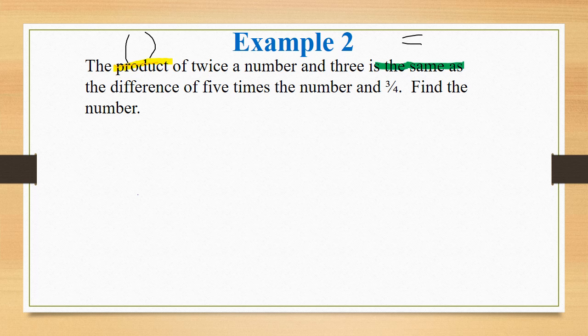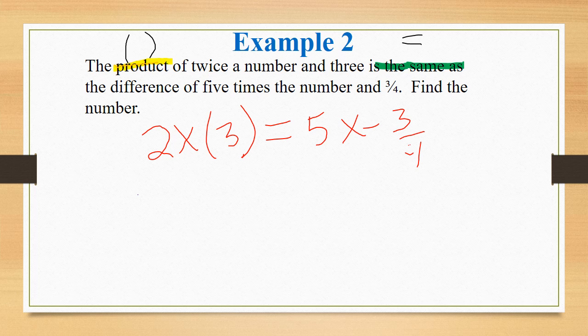Okay, so the other way, so initially we had 2x times 3 equals 5x minus 3/4. So the other option of solving this is to go through our steps. Step 1 is to simplify both sides. So I would clean up the left side, and 2 times 3 is? 6.